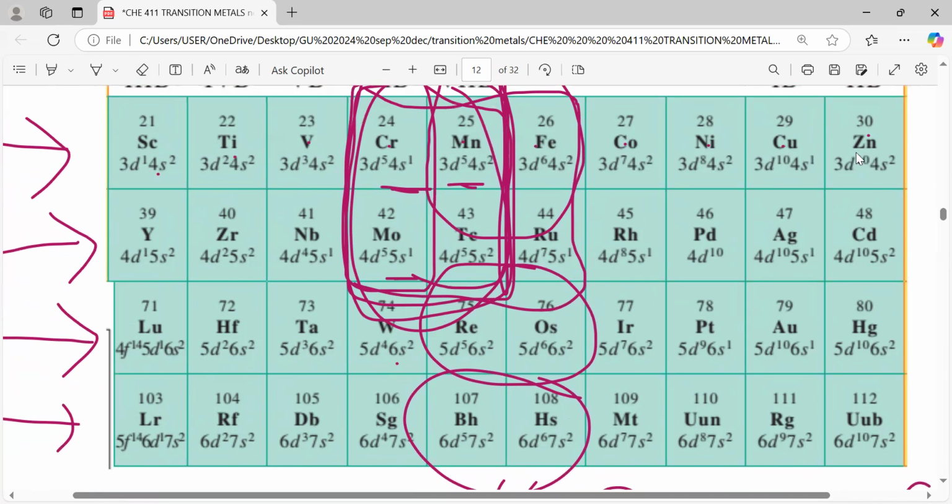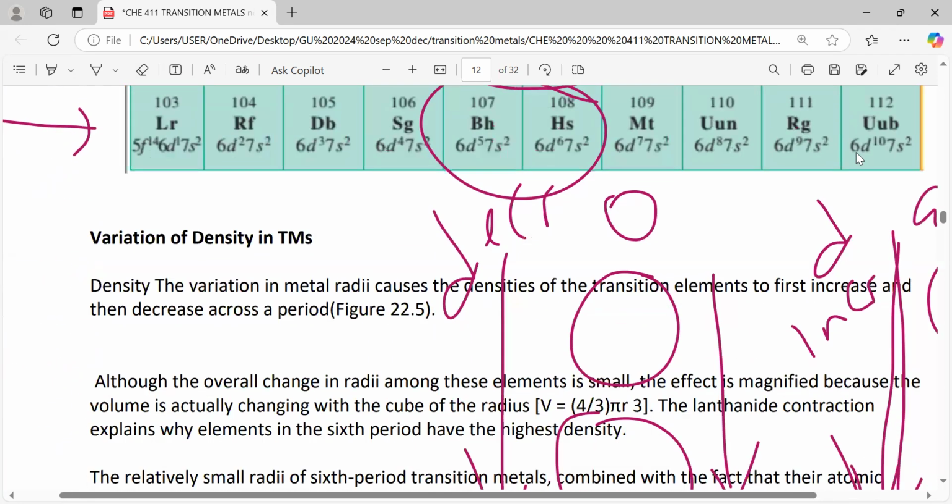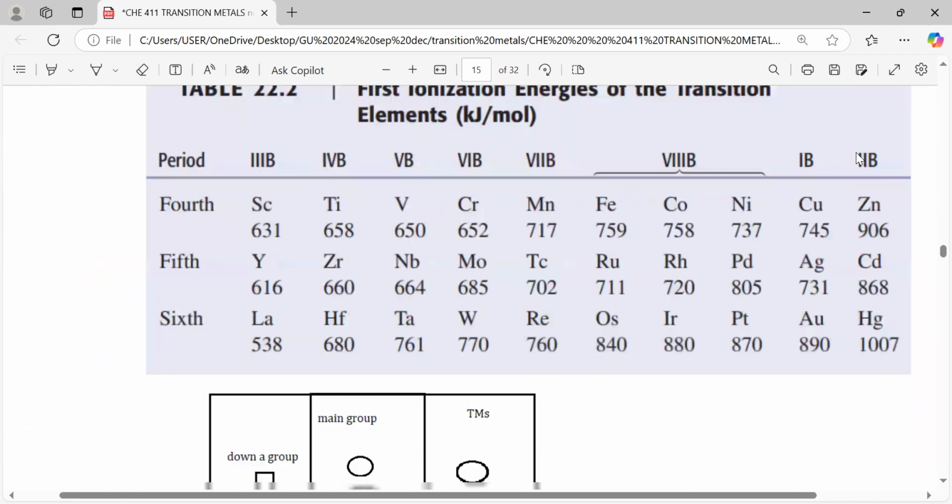Then mercury, Hg, is D10. It's full, so electrons have nowhere to go. So you don't get electrons occupying bonding orbitals, and therefore you don't find any bonds forming. And that's why mercury has weak bonds, and therefore low melting point, and that's why it is a liquid, whereas tungsten has the highest.